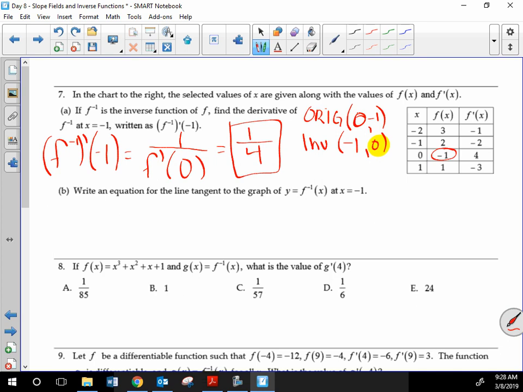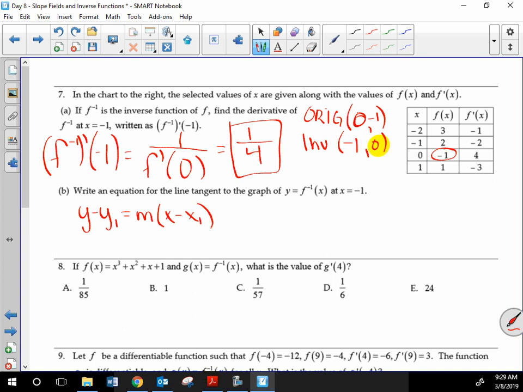So then, write an equation for the line tangent to the graph. Pretty easy. Just what we always do, so we need point slope form. We're going tangent to the graph of our inverse at x equal -1. So we first have to find our slope at that point. Oh gee, that's what they just had us do. So then when we go to write our equation, y minus y1 equals our slope times x minus x1.